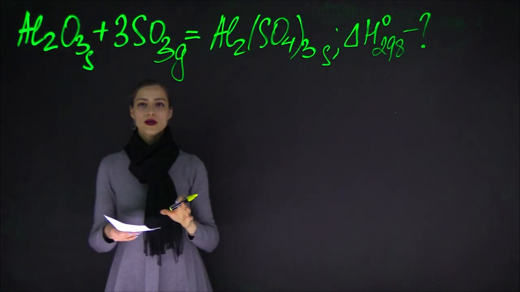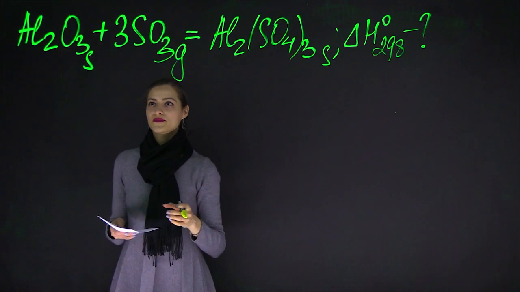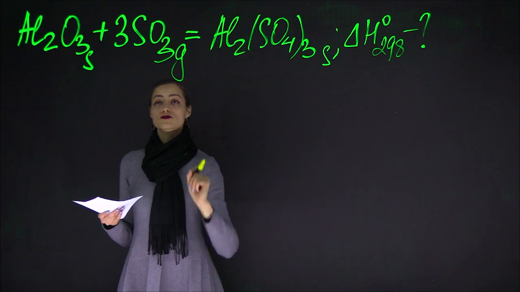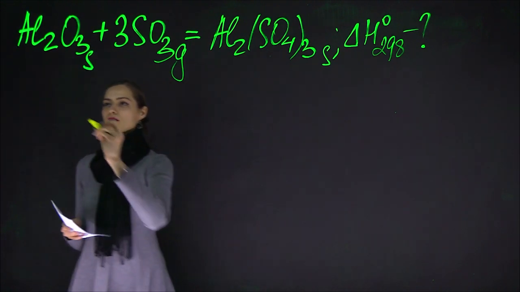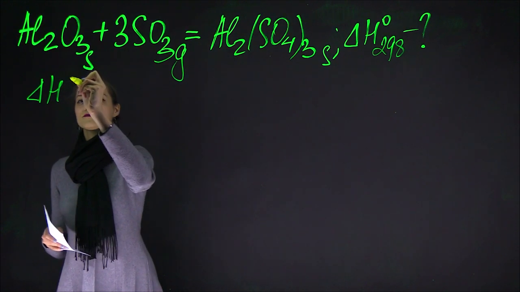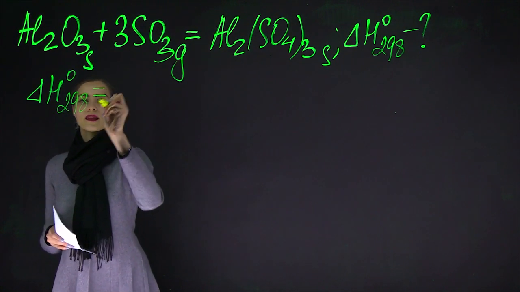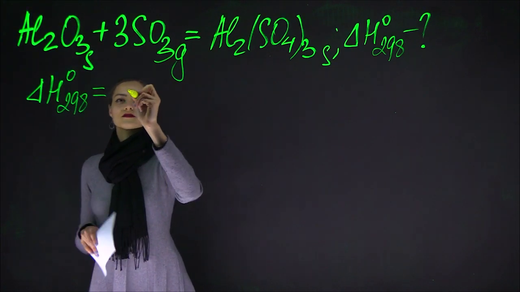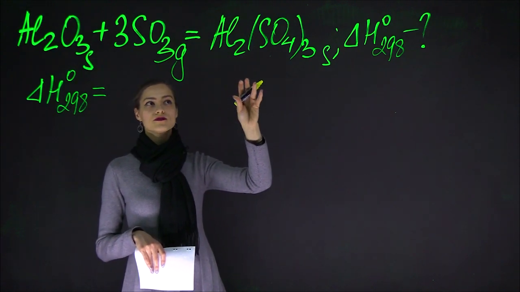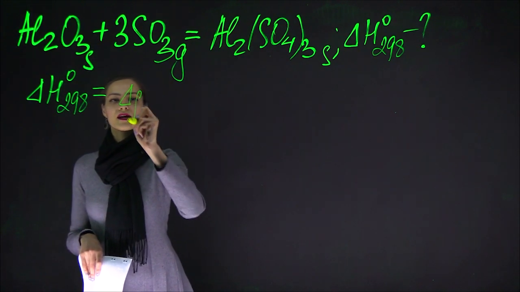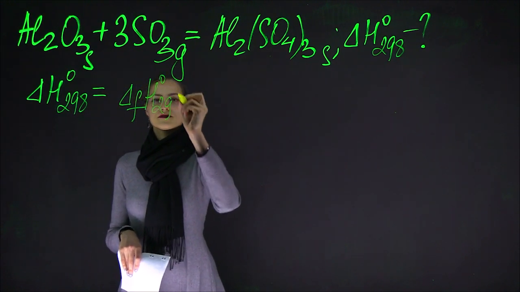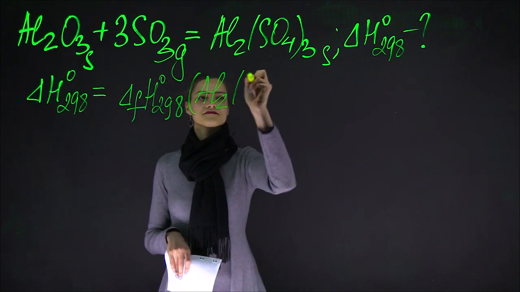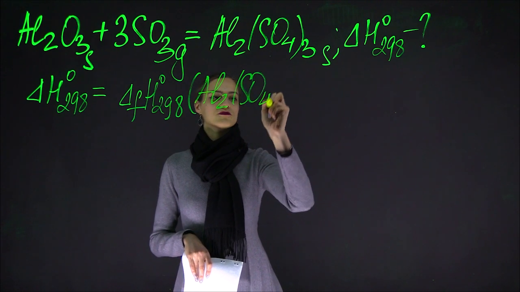To solve this problem, we can use the first consequence from Hess law. Because this reaction is a formation reaction, we produce a salt from two oxides, so we can calculate the heat effect for this reaction as a difference between two sums. Firstly, we need to write the standard heat of formation for the product, delta fH 0 298, for the salt, Al2(SO4)3.